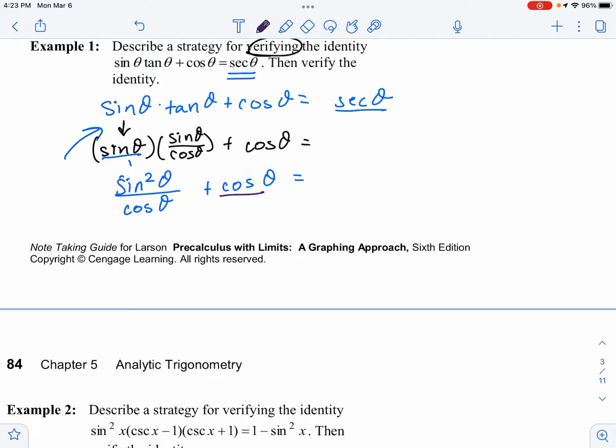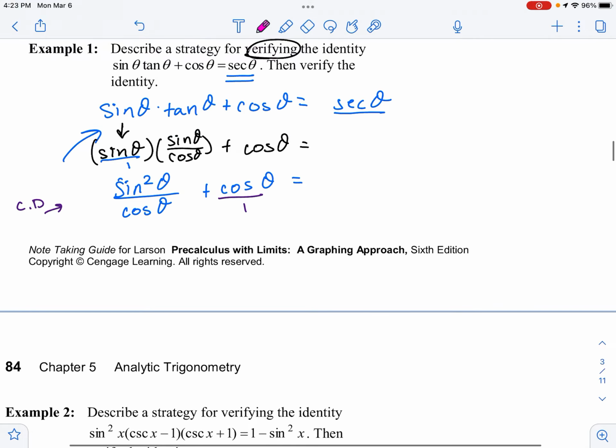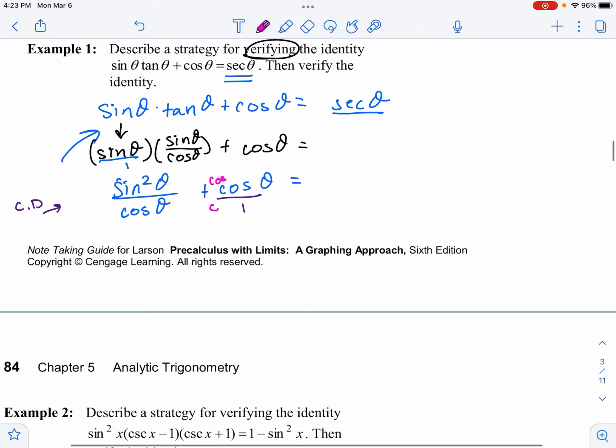So I'm going to use some algebra to get a common denominator. I'm going to multiply the right side of the equation by cosine. So I end up with sine squared theta plus cosine squared theta all over cosine because that's a common denominator.